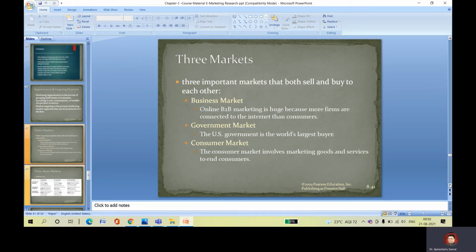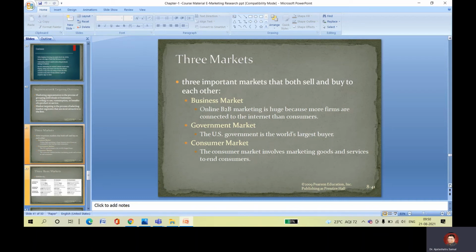Different markets are there: business to business, consumer to consumer, business to consumer, consumer to business, business to government, government to business, consumer to government, and government to consumer. So depending upon the business market, you need to decide what is required and take decisions. The government market is the world's largest buyer.